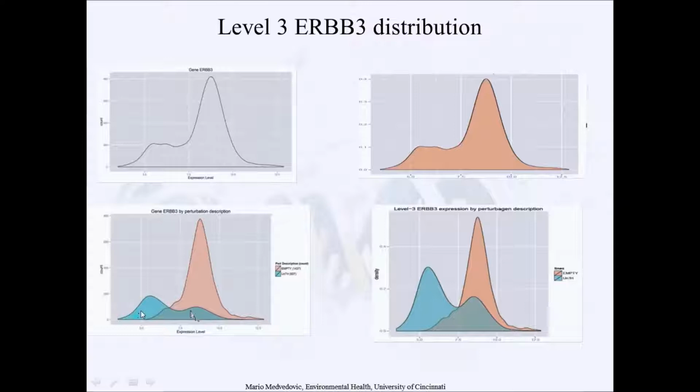Well, my concern would be if you're constructing z-scores and what you're seeing is that the secondary peak is actually the paired gene for ERBB3, then you're getting measurements for that other gene mixed in, and you absolutely can't tell the difference at level 4.